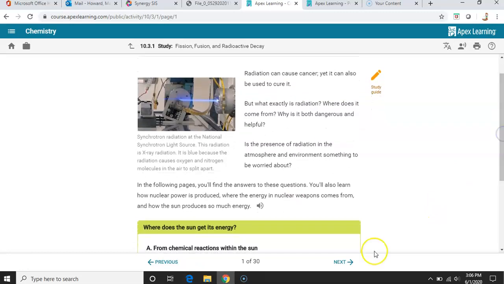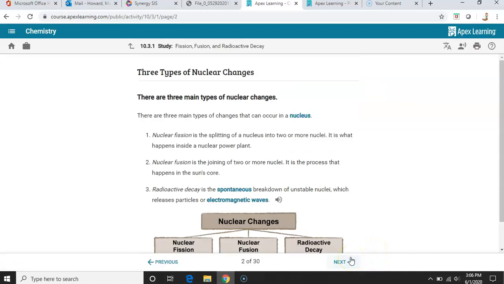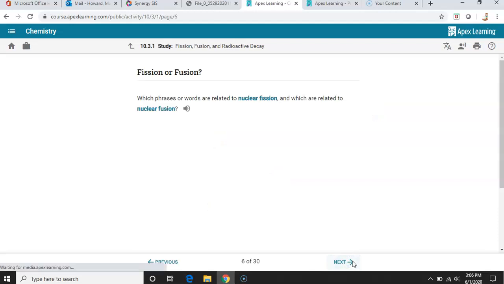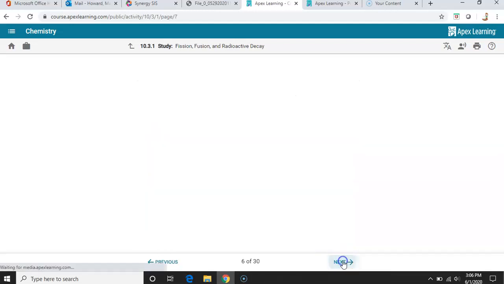I want you to write an equation. For the first one, you're going to go to alpha emission, part B: radioactive decay by alpha emission, write an equation showing the decay. If I can find it, it might be in the second section, on nuclear fusion and fission.